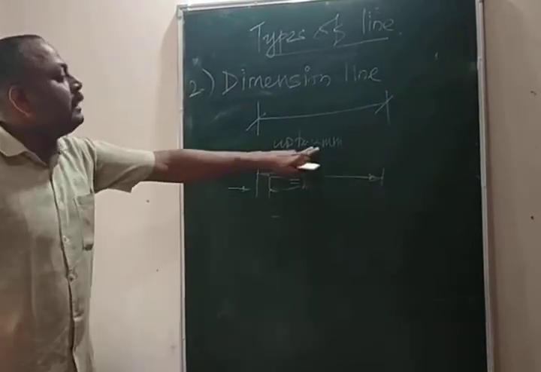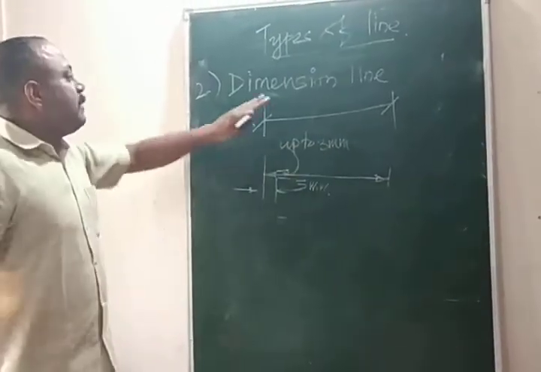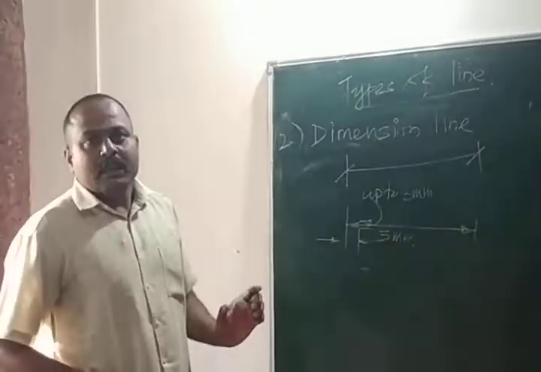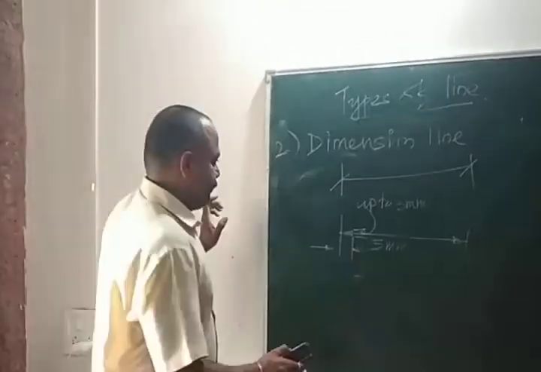Generally it is taken as 2 mm. These dimension lines are used to give the dimensions of the object in the drawing sheets.